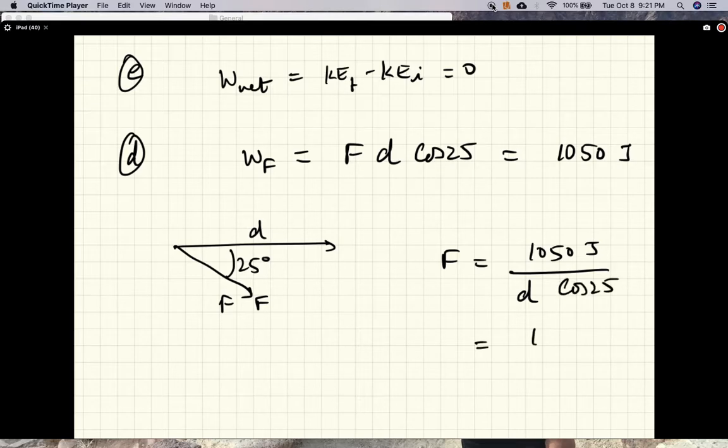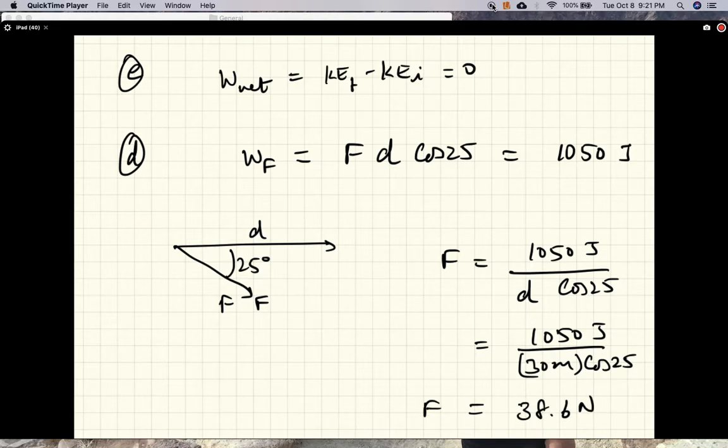So this is 1050, 30 meters, cosine 25, and this works out to 38.6 newtons. So that's the magnitude of the force that the shopper exerts.